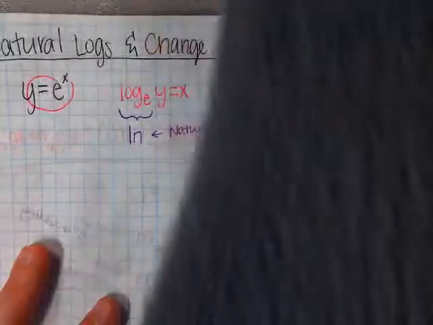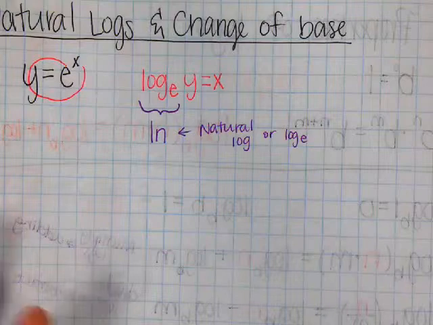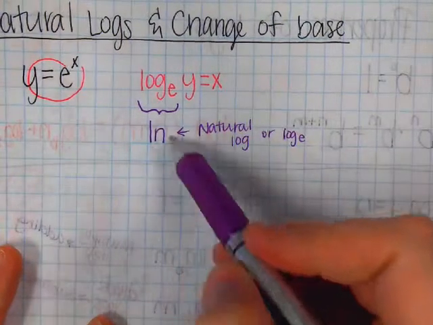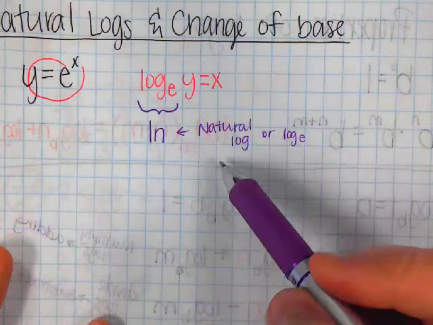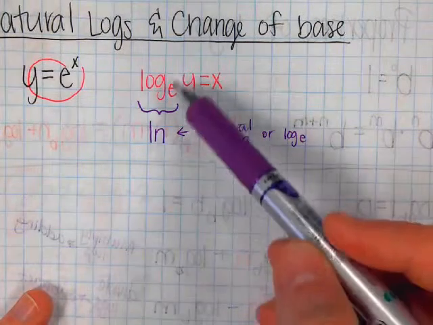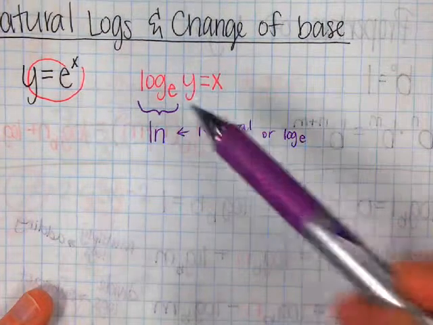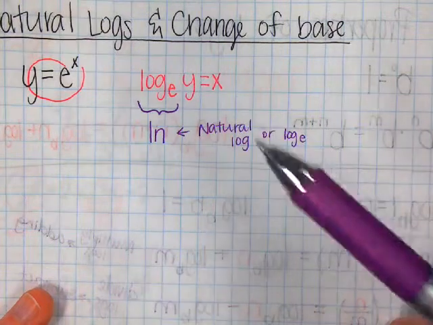Let me zoom in a little bit. The ln, which is the natural log, is just a log with a base e. And instead of having to type log base e, all you have to hit is the natural log button.